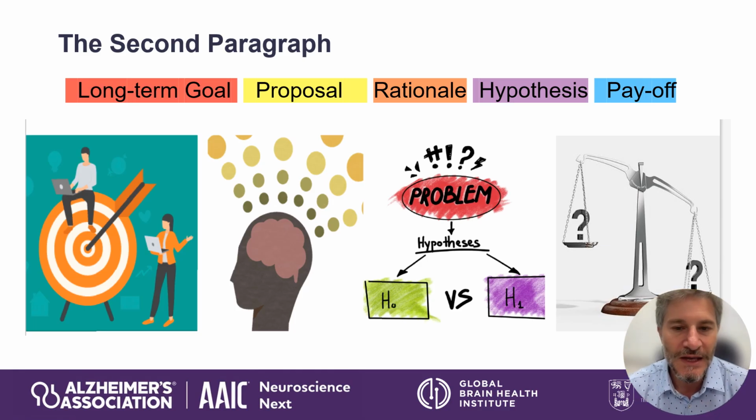So you say, I am thinking that my multi-component intervention will impact quality of life or cognition or brain signatures or plasma biomarkers, whatever. You will also have an alternative hypothesis, a null hypothesis, that they don't have this impact.